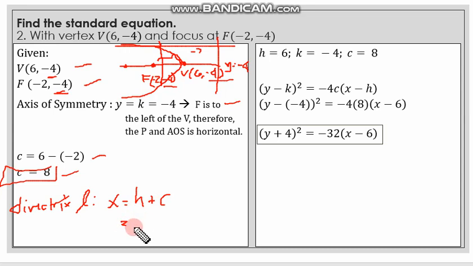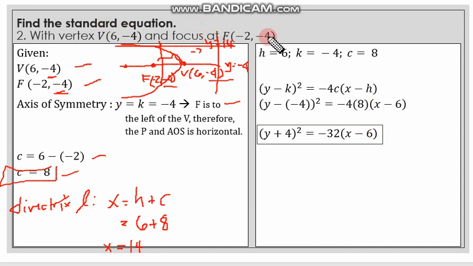Our h is 6, so 6 plus 8 is 14. So x is at 14. That is the directrix.